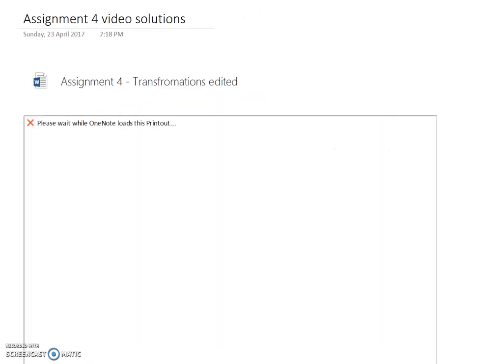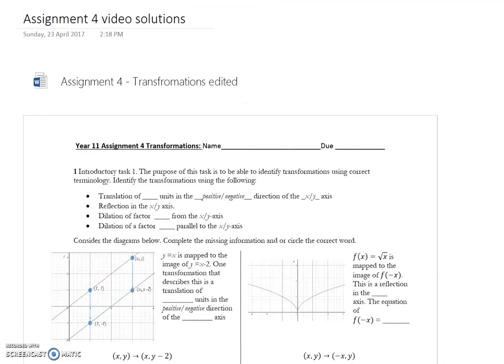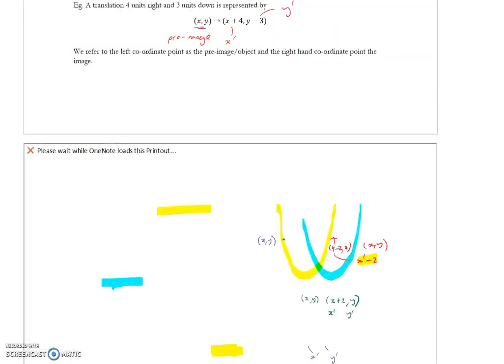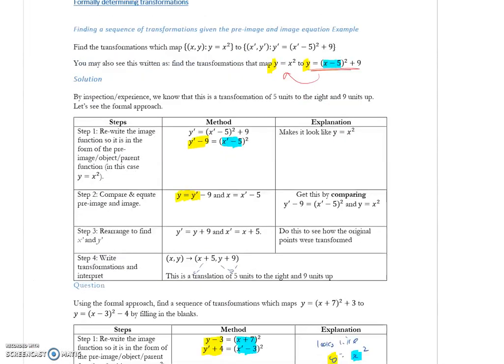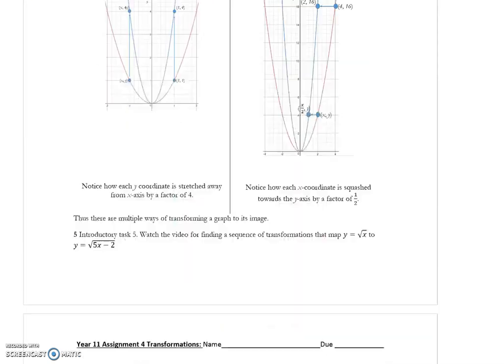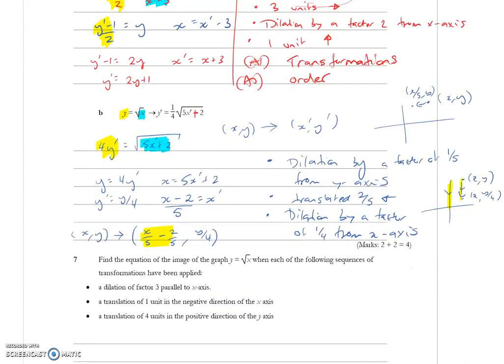And again, you can always do a quick little check if you're unsure. So let's just check with the first one we did. Here, y equals root x, we know that that has the point (1, 1) on it, and it gets transformed to x on 5 minus 2/5 and y on 4.